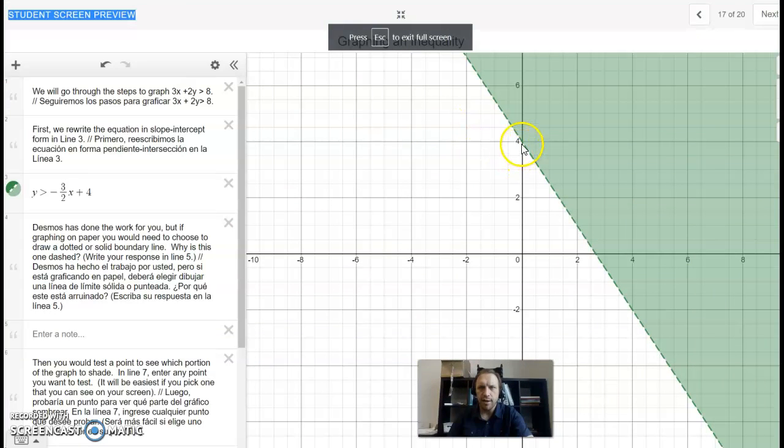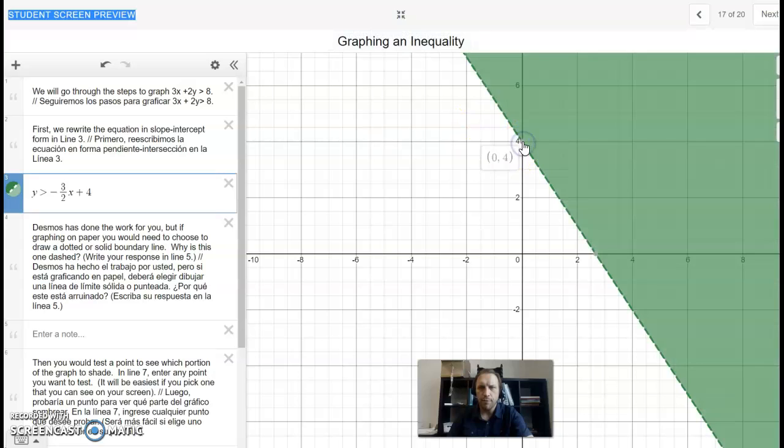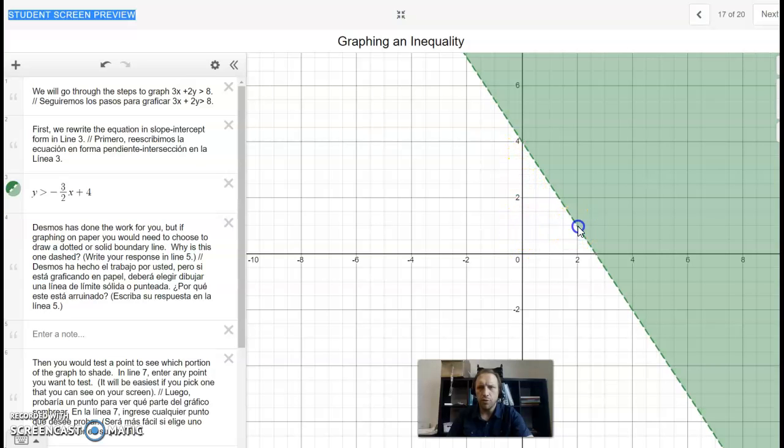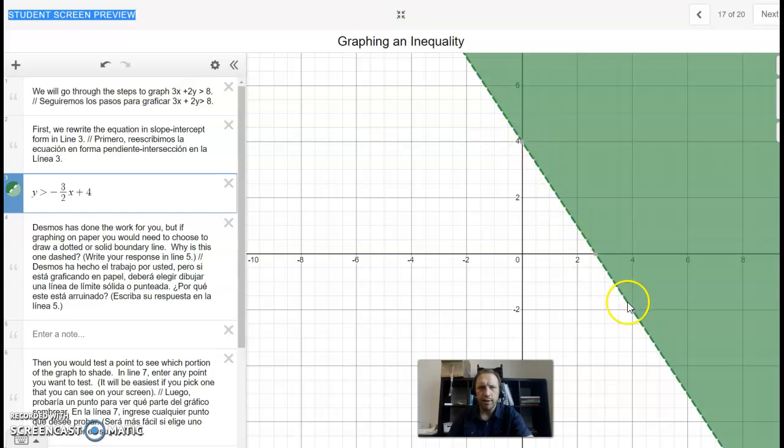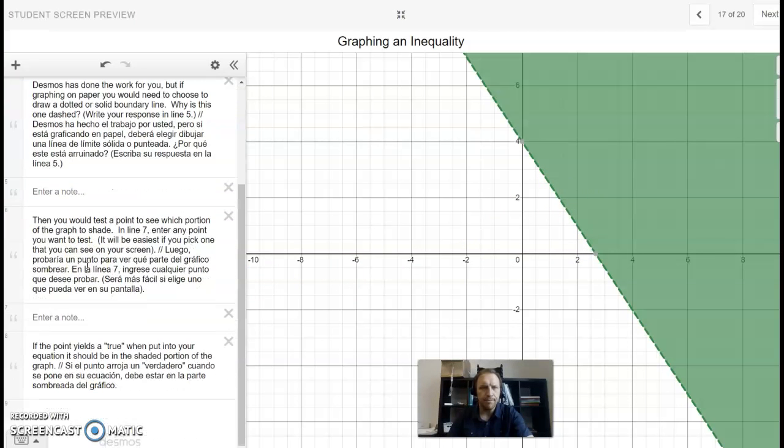We can see that here's our line at 4, our y-intercept at 4. We're going to go down 3 to the right 2, so down 1, 2, 3, about here, over 2, yep. And then we would create our line. They've done the work for you, but if you did it on solid, would it be a dotted or solid? And your correct answer is it'd be dotted because it's a greater than sign, all right?